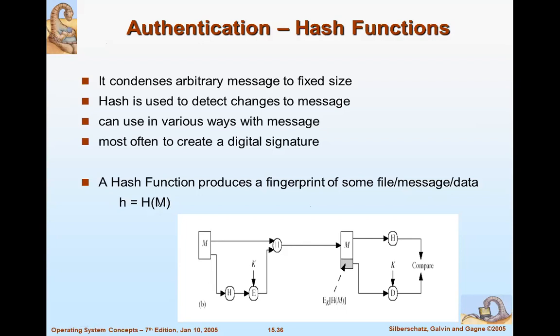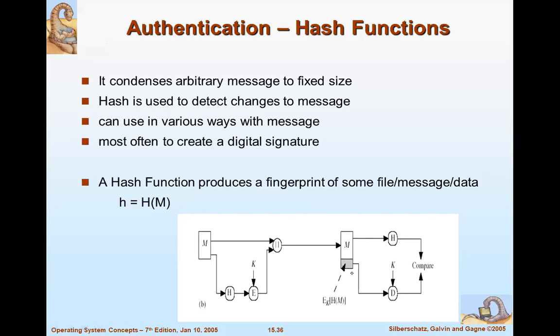Here in this diagram, you can see M is the message, which is passed to this hash function, then encrypted with a key, and passed over here, where the next node can get this message, and the gray space is the hash.